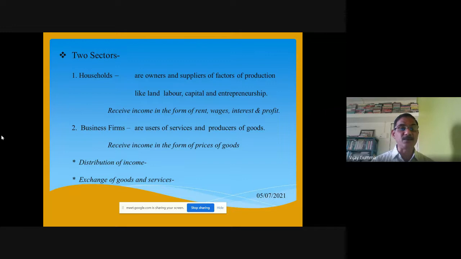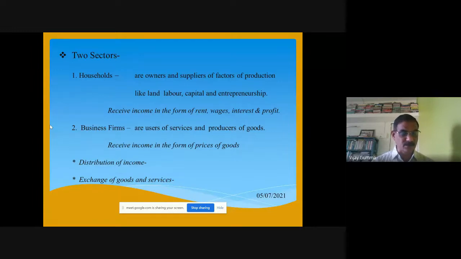Income received by the household sector is spent on goods and services for the purpose of consumption. Goods and services are mainly produced and supplied by the firm sector.